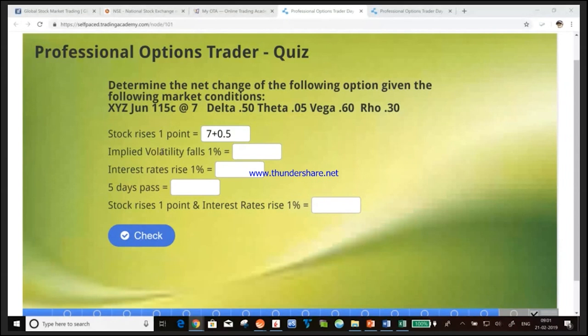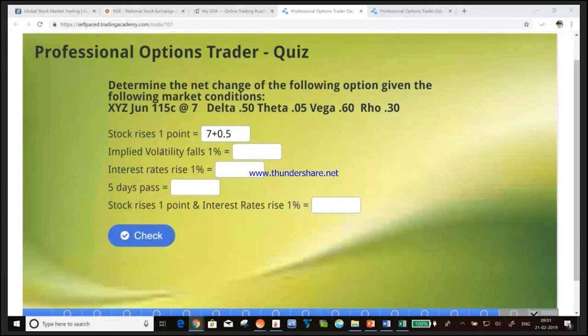Implied volatility falls. So how is implied volatility or Vega correlated with this? IV goes up, option premium goes up. IV comes down, option premium comes down.